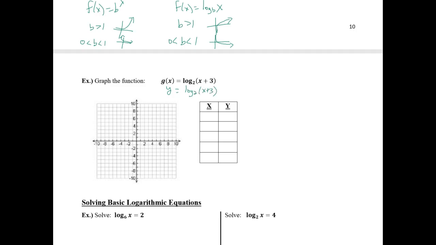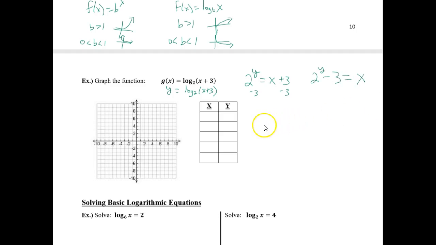Then I'm going to rewrite it exponentially. It was log base 2, so the base is 2. Logs equal exponents, so the exponent is y, and that equals what we took the log of, x plus 3. I'm going to subtract 3 from both sides and get 2 to the y minus 3 equals x.